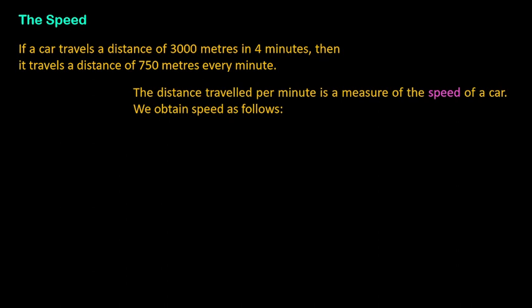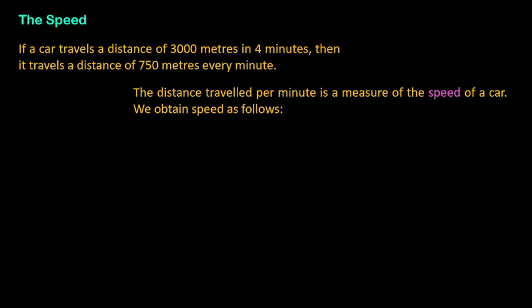Now we introduce time in our analysis. We start the concept of speed, velocity and acceleration. If a car travels a distance of 3000 meters in 4 minutes, then it travels a distance of 750 meters every minute. The distance traveled per minute is a measure of the speed of a car.